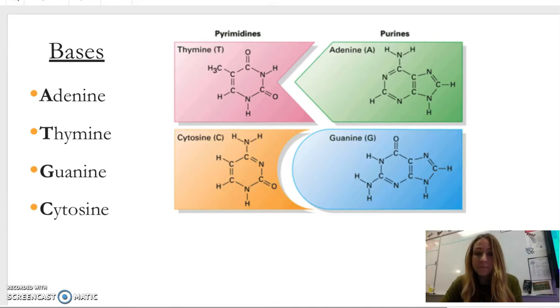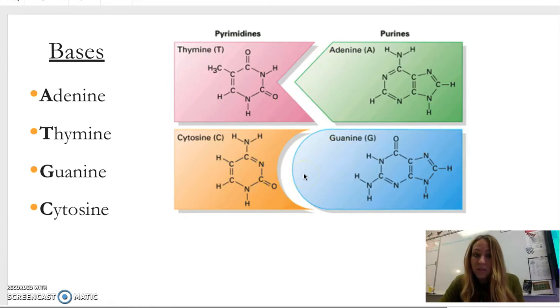So basically, we're going to look at these components here. We've got adenine, thymine, guanine, and cytosine, which we can just go ahead and call A, T, C, and G from this point on, but they do pair in a very specific way. Thymine should always pair with adenine, and cytosine should always pair with guanine.